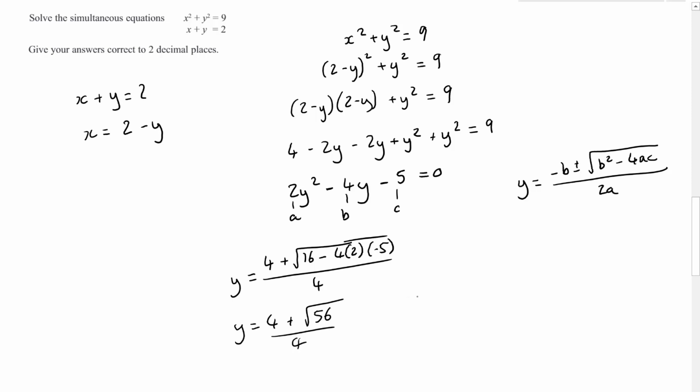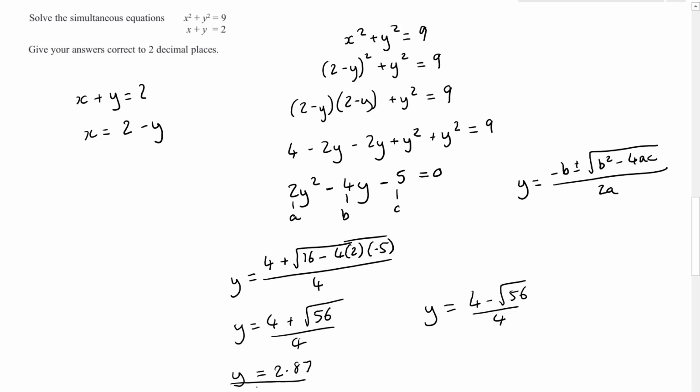Now the converse of that is 4 minus root 56 over 4. These are our two solutions, but as they say they want them to 2 decimal places, so you grab your calculator and type in 4 plus root 56 divided by 4, which gives you 2.87 to 2 decimal places.